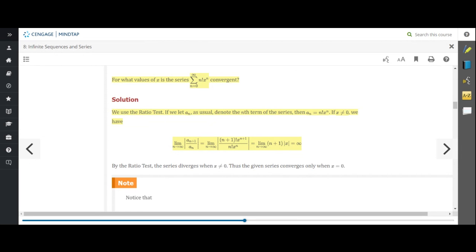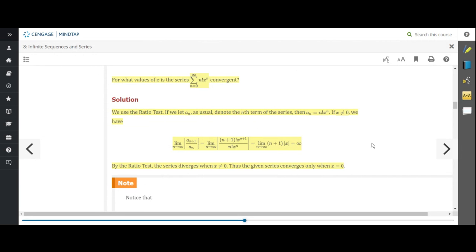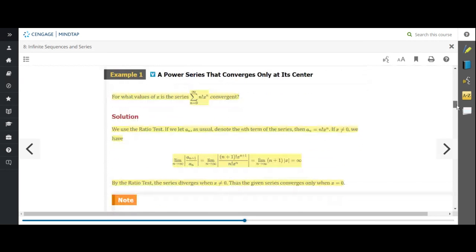So by the ratio test, the series diverges when x is not equal to 0. The given series converges only when x equals 0. So this is an example of a power series that converges at just one point, x equals 0, for one x value.